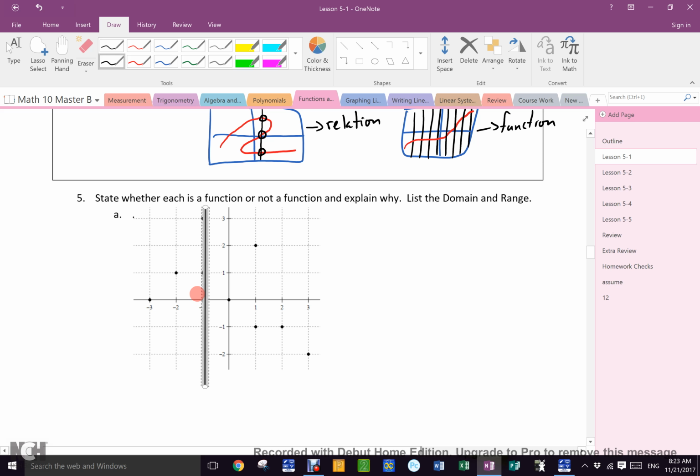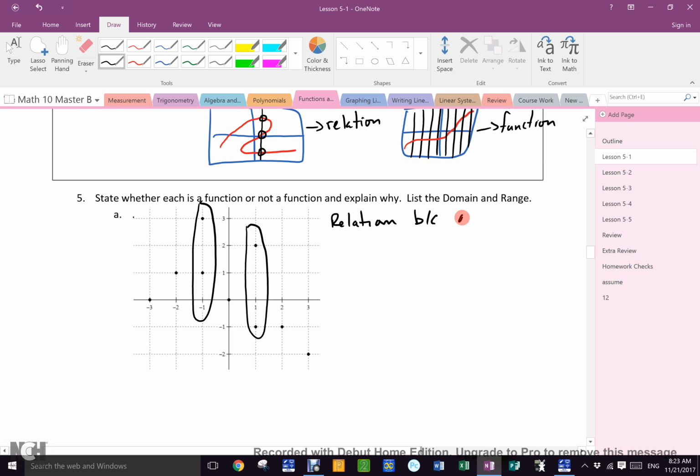Hits two dots. Is it a relation or a function? Okay, excellent. So this is a relation. Because what happens here and here? At input of -1 and +1, we have multiple outputs.